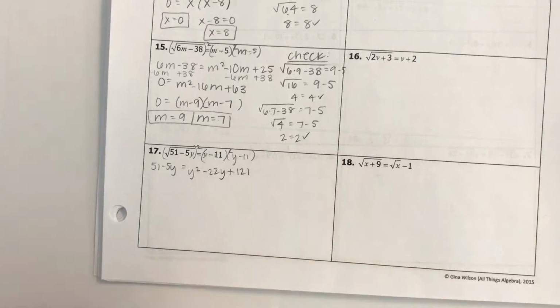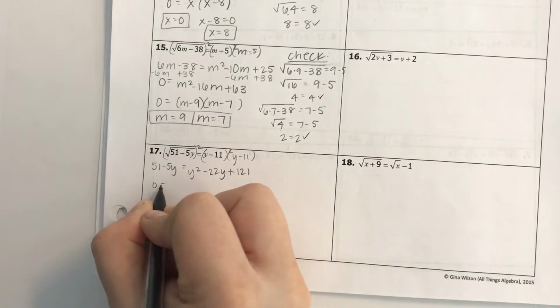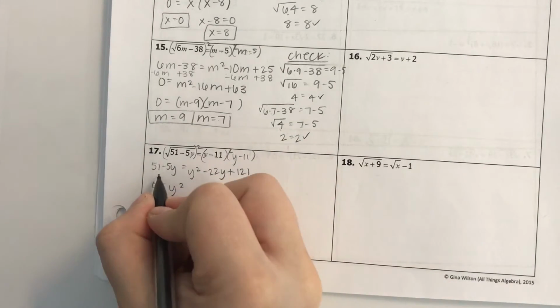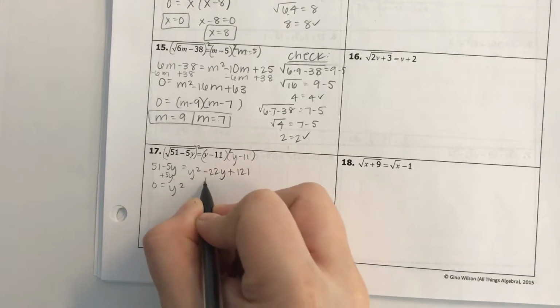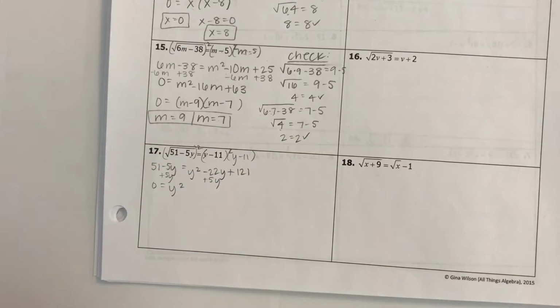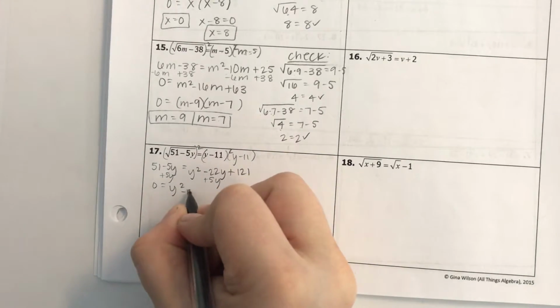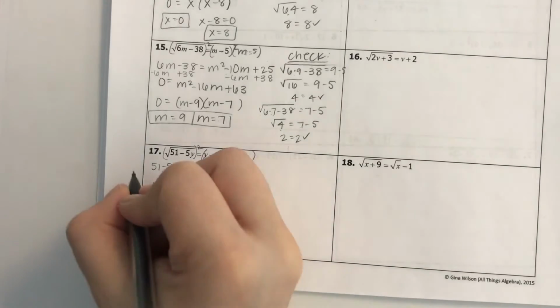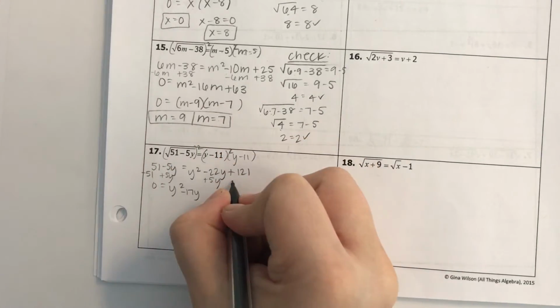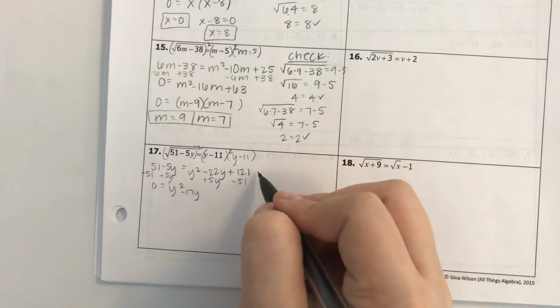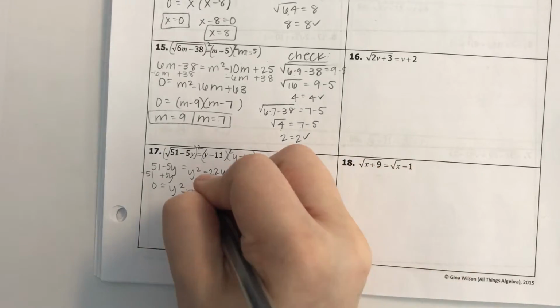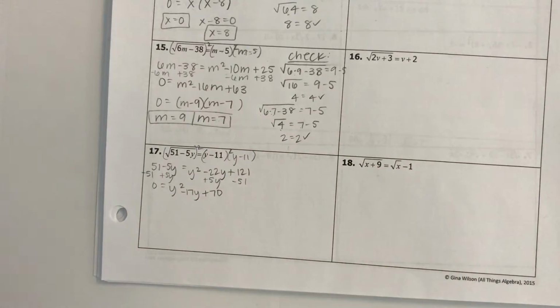And I'm going to move everything over to one side. So I'm going to end up adding 5y. So that's going to give me negative 17y. And I'm going to subtract 51. 121 minus 51 is 70.